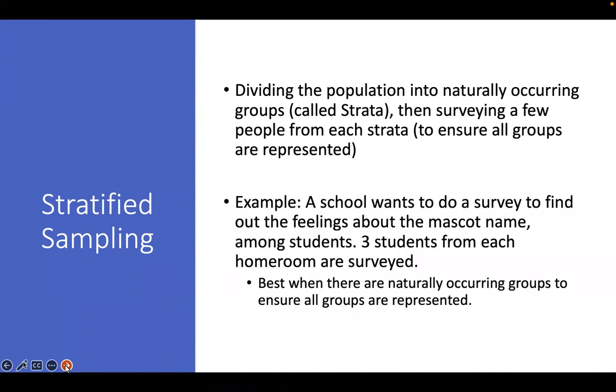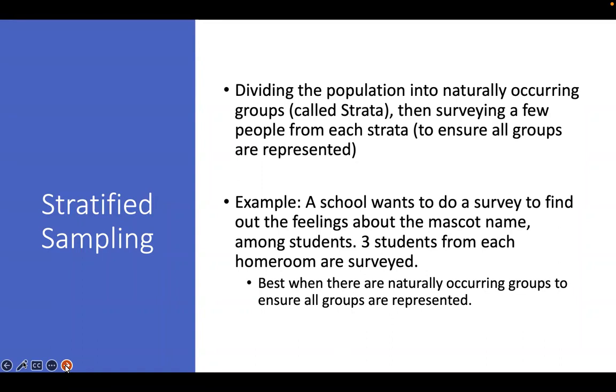For example, a school wants to do a survey to find out the feelings about the mascot name among students. 3 students from each homeroom are surveyed. If you think about a high school or whatever school, it doesn't really matter. Usually schools have a homeroom, right? Students start in a particular classroom, and these are naturally occurring groups. So the strata would be each one of these homerooms, and then they survey 3 people from each homeroom.